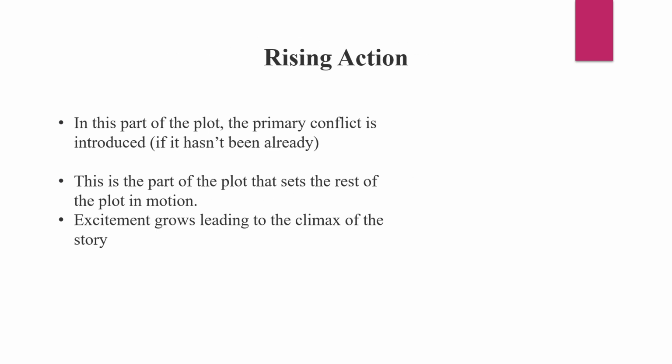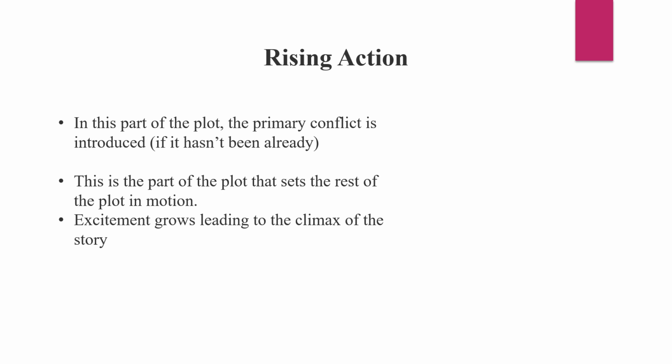The second part is rising action. In this part, the primary conflict is built upon to create tension both within the story and for the reader. The conflict may affect one character or multiple characters. Here, the author should have clearly communicated to the reader the stakes of this conflict, in other words, the possible consequences.